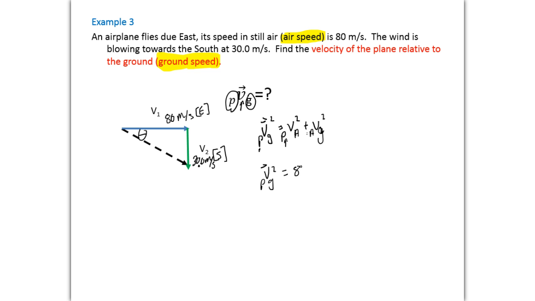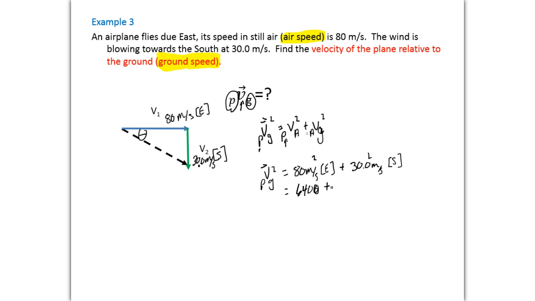So you have 80 meters per second east, so that has to get squared, plus 30 meters per second south. And 80 squared is 6,400. Now I'm going to drop the units there because they're just going to get in the way.